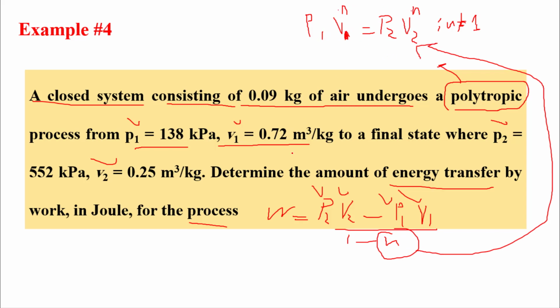So I'll leave this question for you. You will find that n equals 1.31, and the work in this scenario, because we have compression, will be minus 11.2 kilojoule. I will not solve it step by step, so try to solve it.